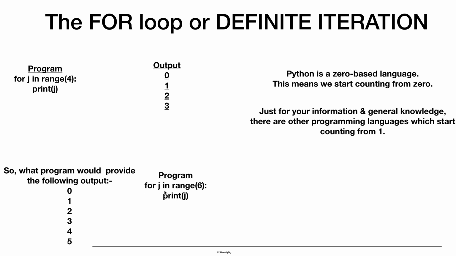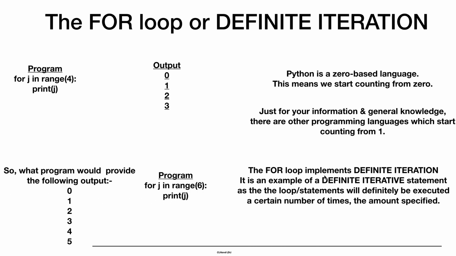The fifth value of j is 4, and it prints 4. The sixth value of j is 5, and it prints 5. And again, can you see you've got in range 6, and it has stopped. This number is 1 before 6.